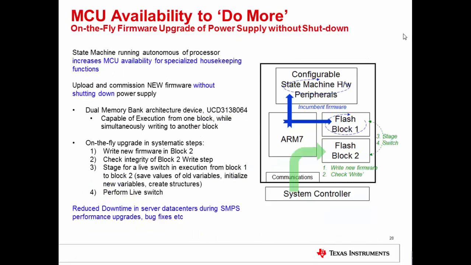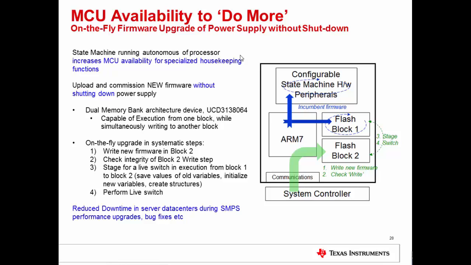Next, here is another example where the controller helps you to achieve more. Here we are talking about something known as on-the-fly firmware upgrade of the power supply. What this means is uploading and commissioning a new firmware in the power supply without actually shutting down the power supply. The hardware state machine in the device runs autonomous of the processor and controls the power supply.